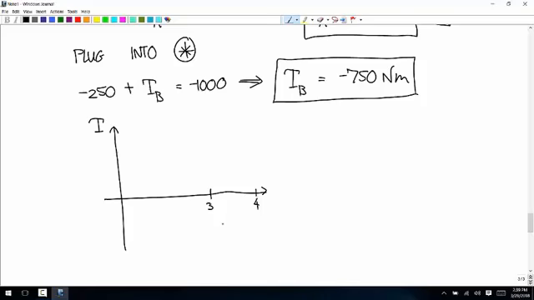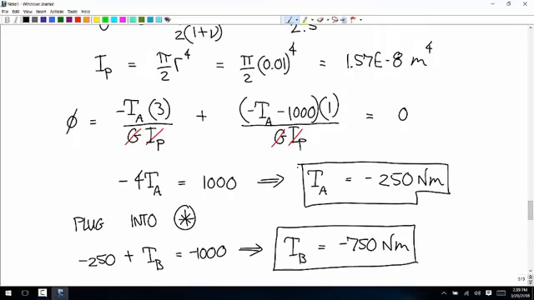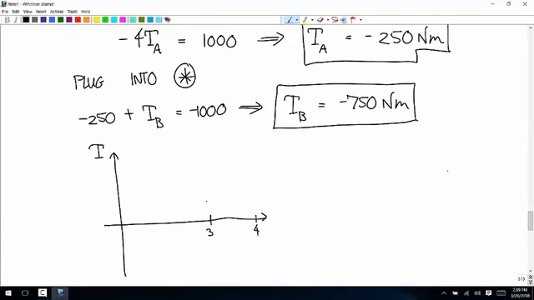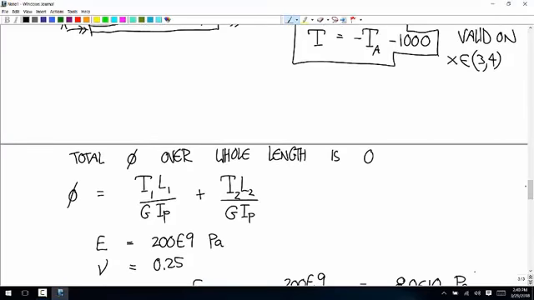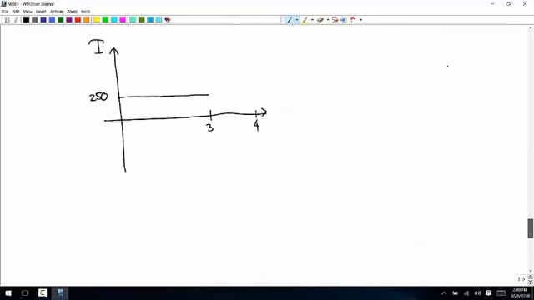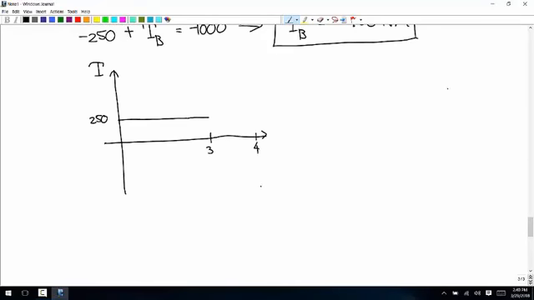We have an internal torque of positive 250 on the first part. And on the second part, we have minus 750. Okay, so that's what a graph of the internal torques looks like.